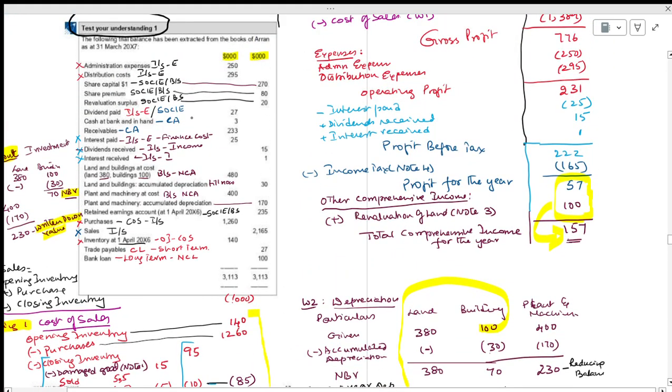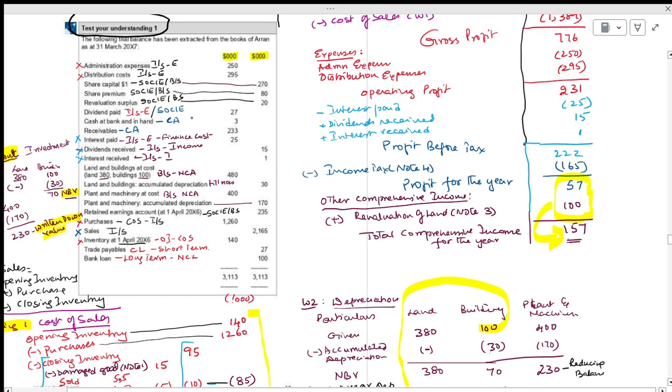Now, how much is the dividends they paid? I changed the color. If they gave you only the income statement, we have to show it as expenses. But if they gave you the statement of changes in equity, then we have to show it there only.